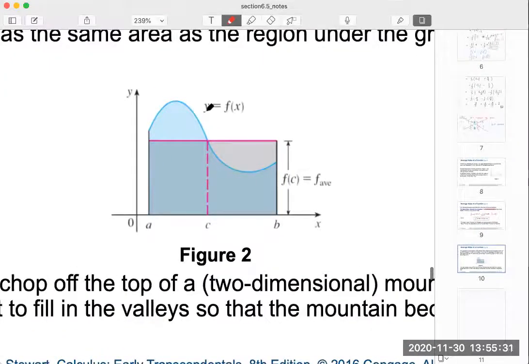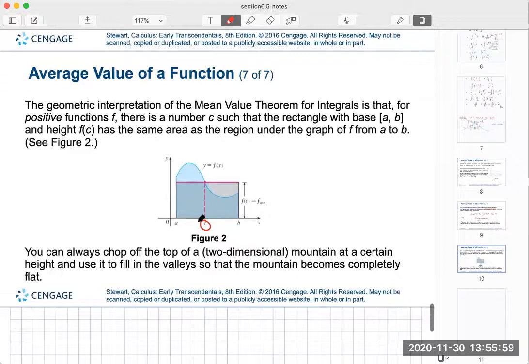And the mean value theorem tells us that, okay, f is a continuous function, then there is a point here on the line f of x, which is also the point where we cut the average value at the point c in a and b. That's it.